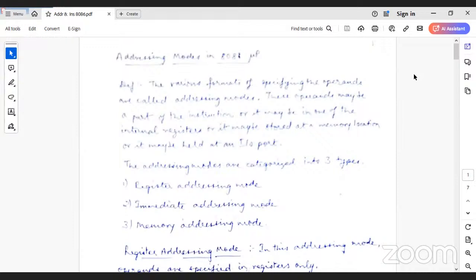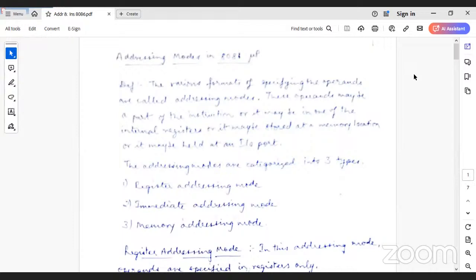So the definition of the addressing modes, I don't know if you can recollect something. The different ways how you can specify the data in an instruction is known as addressing mode. In an instruction, you will have two things: one is the operation code and another one is the operand.